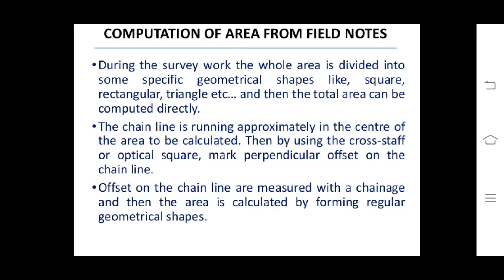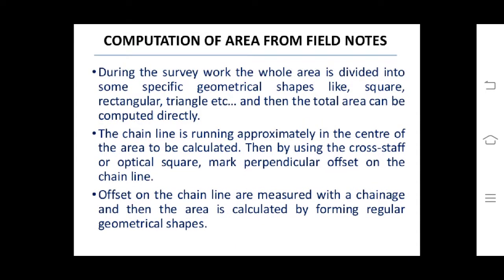Computation of area from field notes. During the survey work, the whole area is divided into specific geometrical shapes like square, rectangular, triangular, etc. And then the total area can be computed directly. The chain line runs approximately in the center of the area to be calculated.